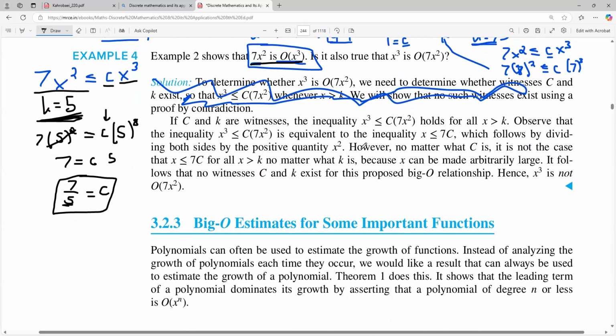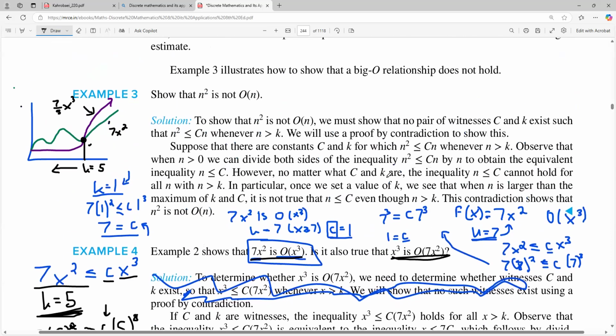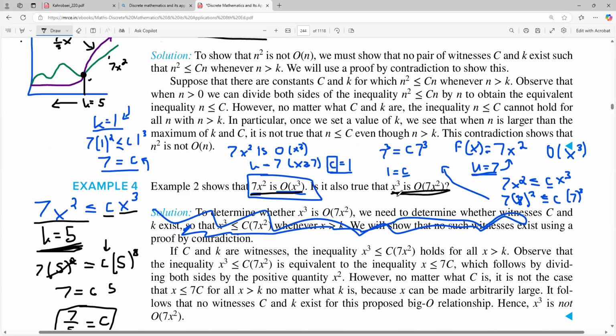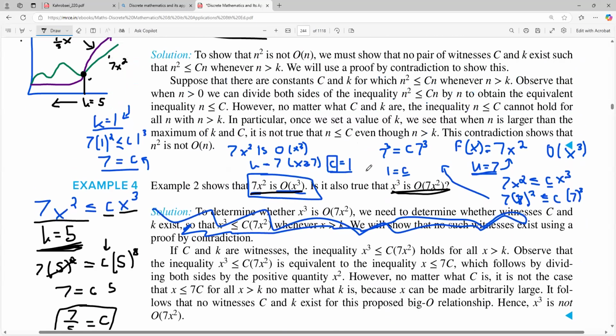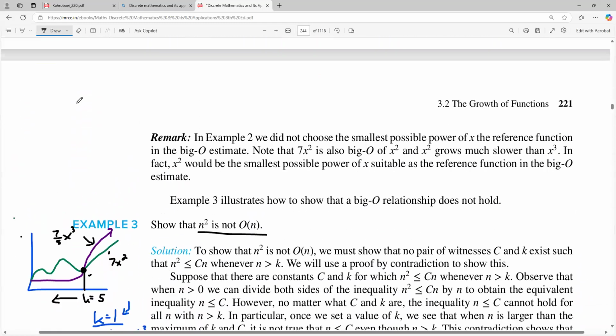If everyone's okay, let's move on to the second part. And this is another part of this big O notation: proving that something is not big O of something else, right? Similar question here. So I'm just going to do this one. And for these types of proofs, you want to use a proof by contradiction, which I'm going to write up here. All right.